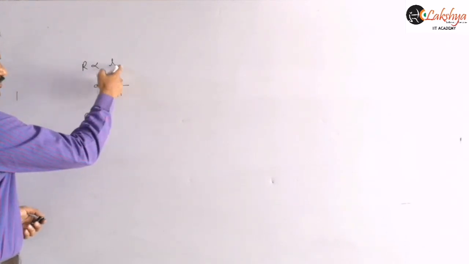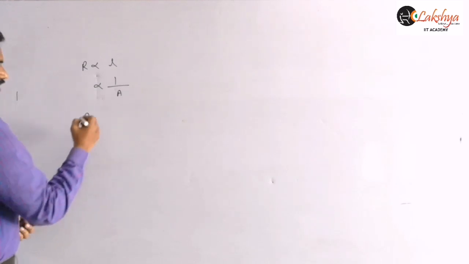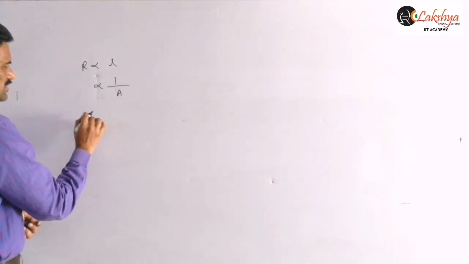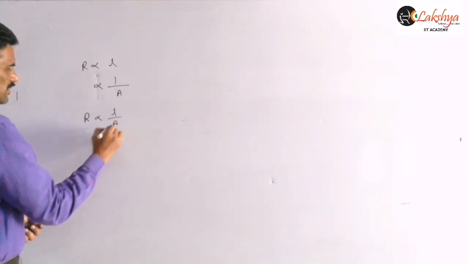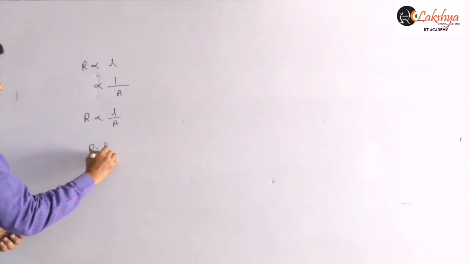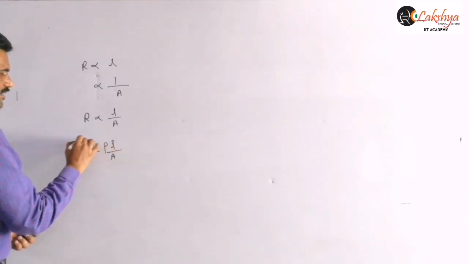So that is R is proportional to L, and so on, as mathematical relations. So I can write this as R is proportional to L by A, and here we introduce a constant, rho. So R equals rho L by A.